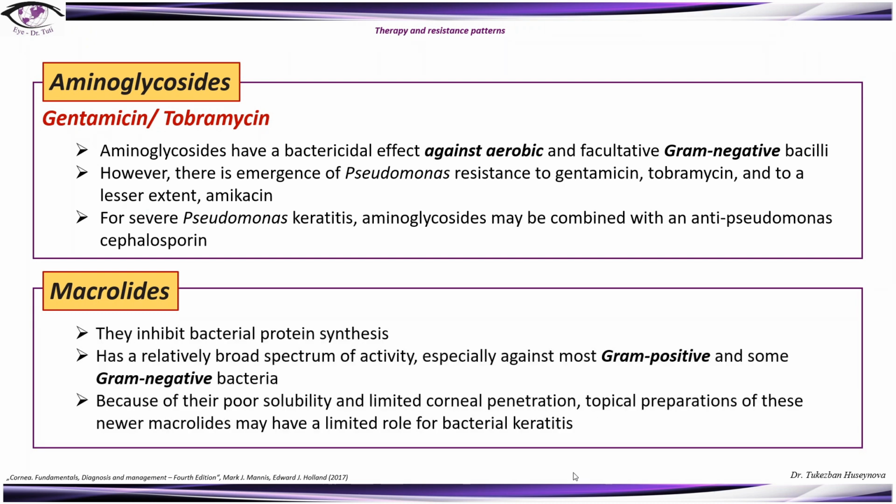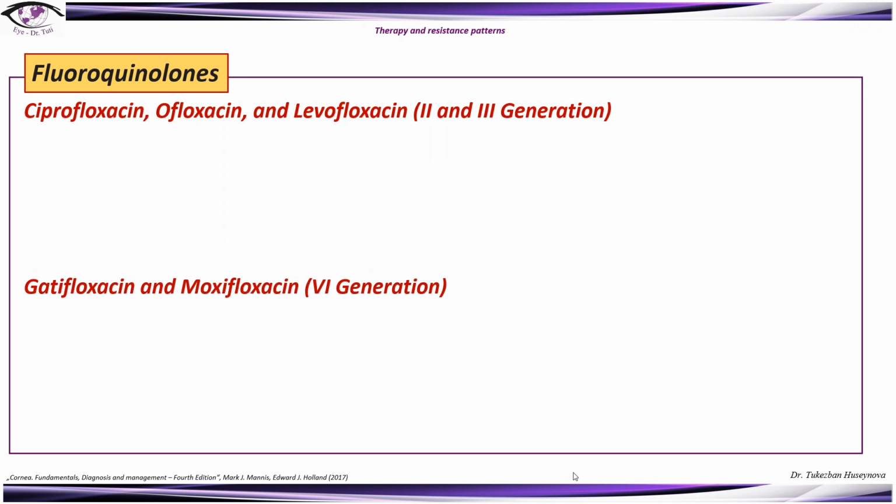Macrolide antibiotics inhibit bacterial protein synthesis and have activity against gram-positive and gram-negative bacteria, but because of their poor solubility and limited corneal penetration, topical preparations of these newer macrolides may have a limited role for bacterial keratitis. The next type, and my favorite type of antibiotics, is fluoroquinolones: ciprofloxacin, ofloxacin, and levofloxacin, which are second and third generation, and gatifloxacin and moxifloxacin, which are fourth generation.